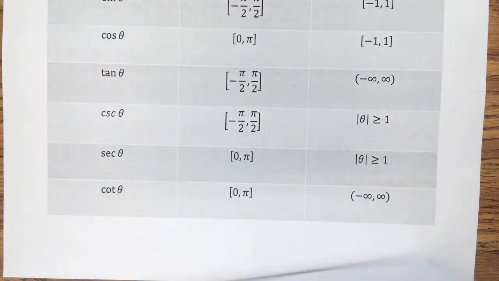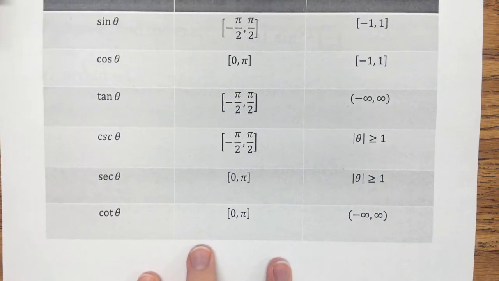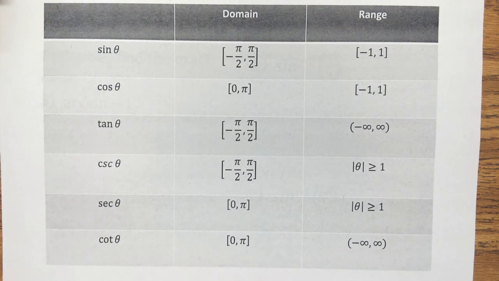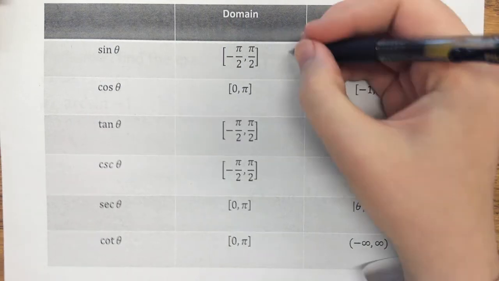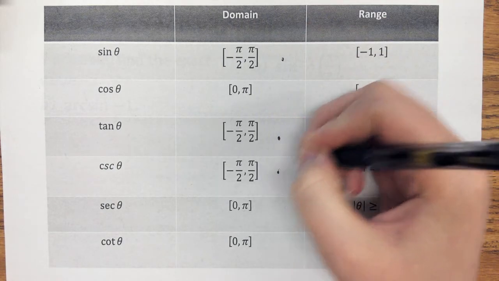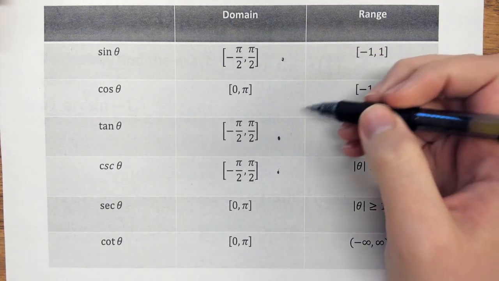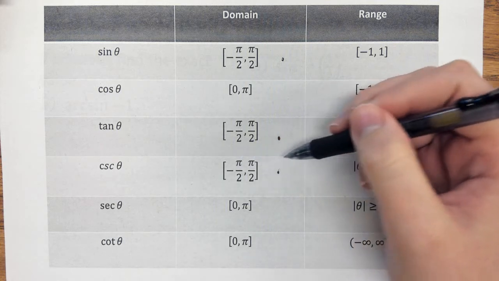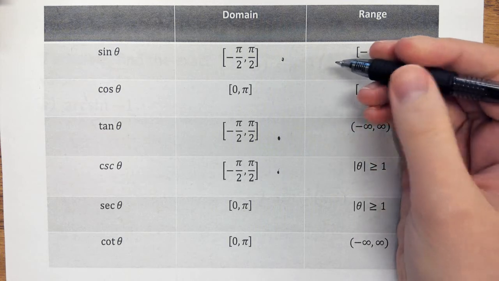Now here's the thing you really need to know and take some time to memorize. Each of the 6 trig functions has its own restricted domain, but there's only really 2 options. Sine, tangent, and cosecant, sine's reciprocal, all have a restricted domain of negative pi over 2 to pi over 2. So your answers can only be between negative pi over 2 and pi over 2.